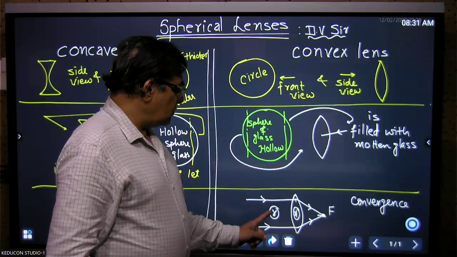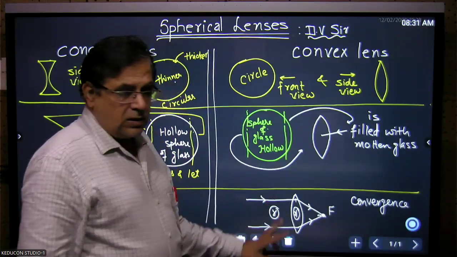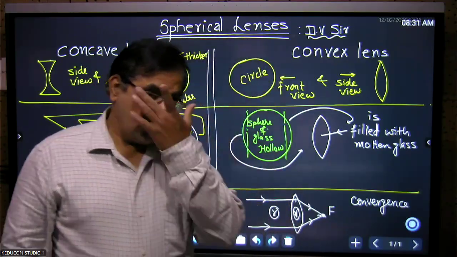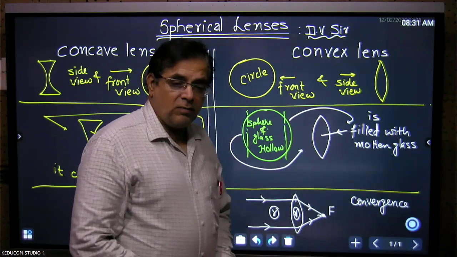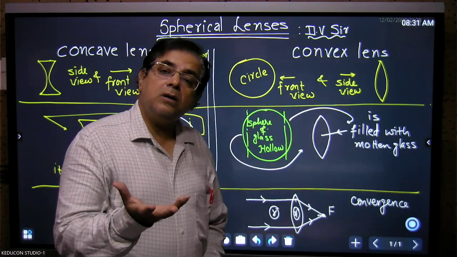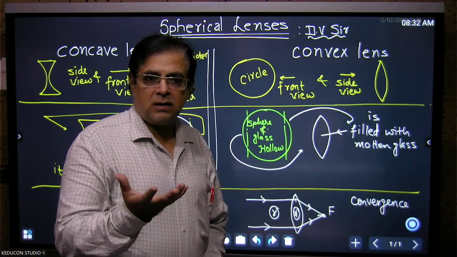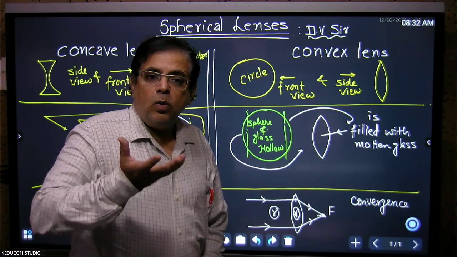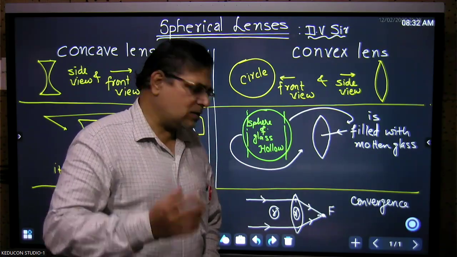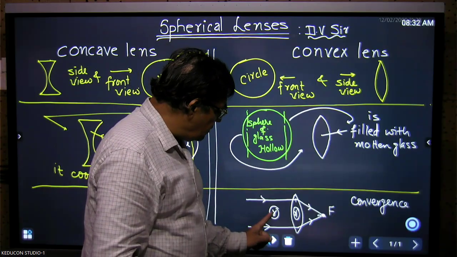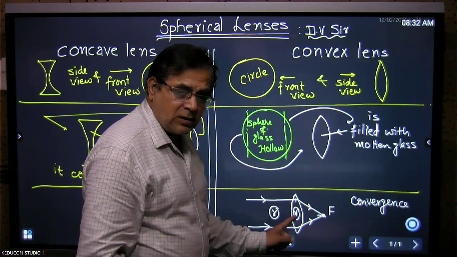So now if I interchange the medium, student may question, sir, how will it be possible? Very simple. Suppose I take a transparent liquid that is optically denser than the glass. I dip the glass in that such that outer medium becomes denser and inner becomes rarer.